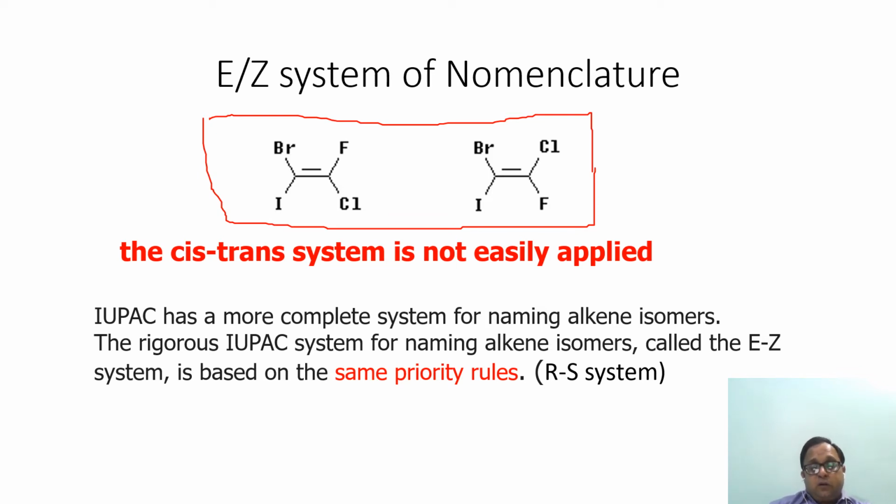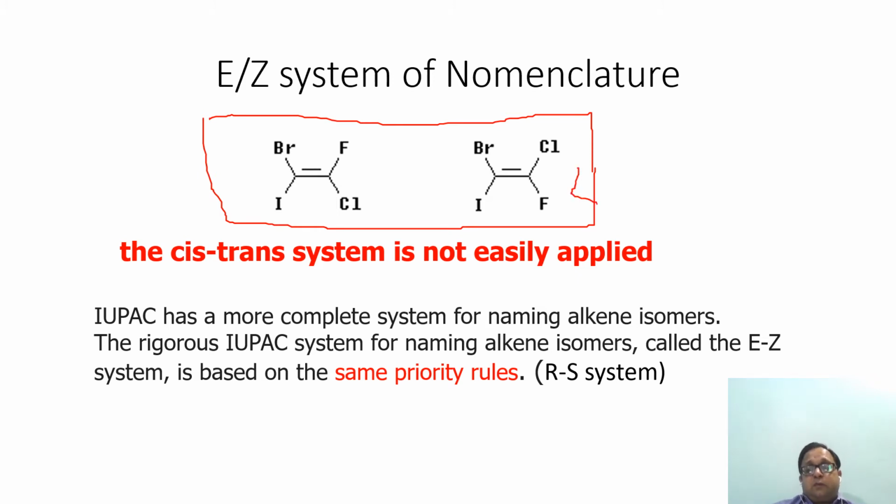Here we are not in a position to say which is cis and which is trans. Why? Because all four substituents in both the structures are different. We can't choose which one should be on one side and which one on the other side.